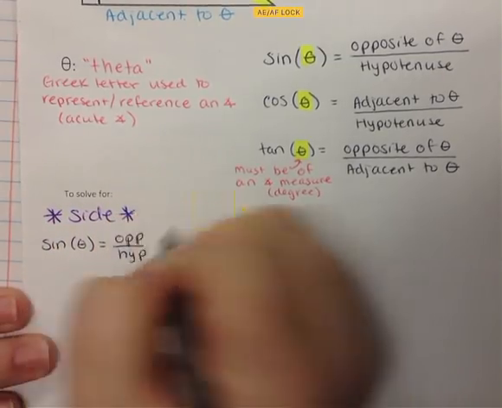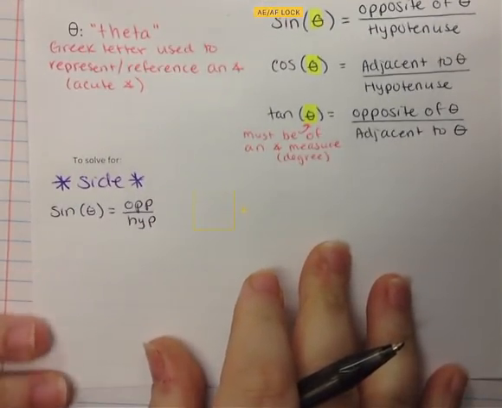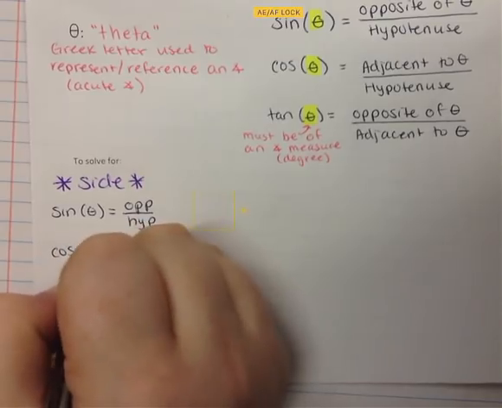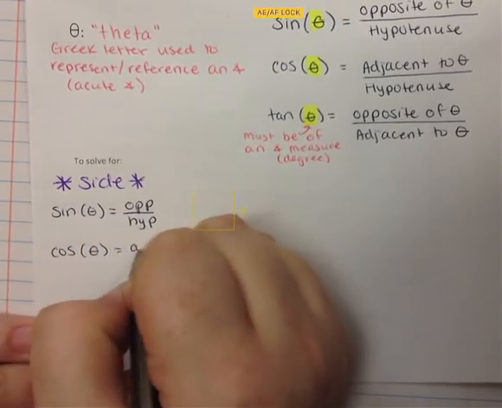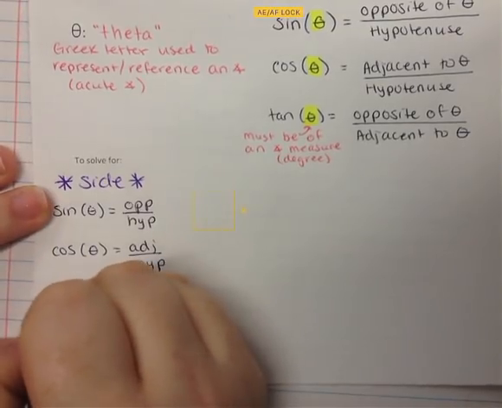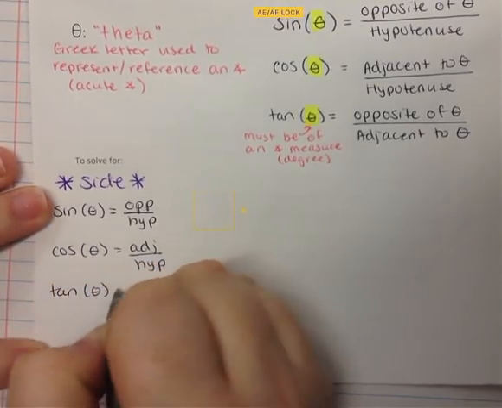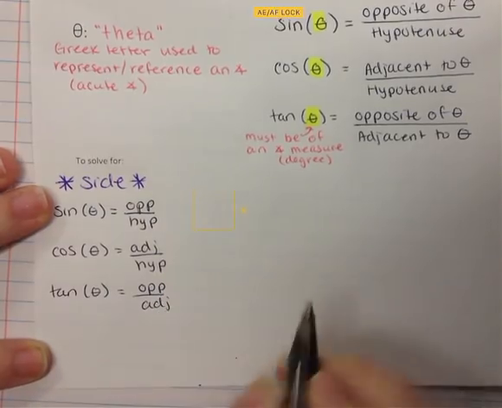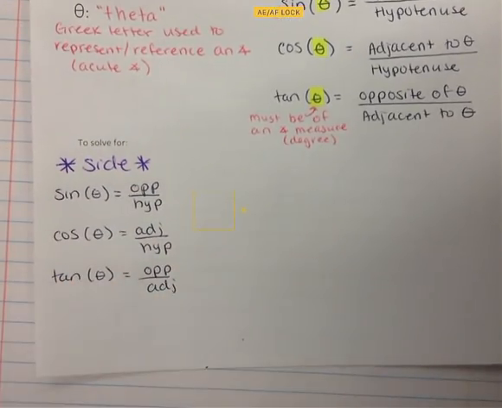I'm going to abbreviate it. Your cosine of your angle would equal your adjacent over your hypotenuse. And your tangent of theta would equal your opposite over adjacent. You'd set it up the same way.